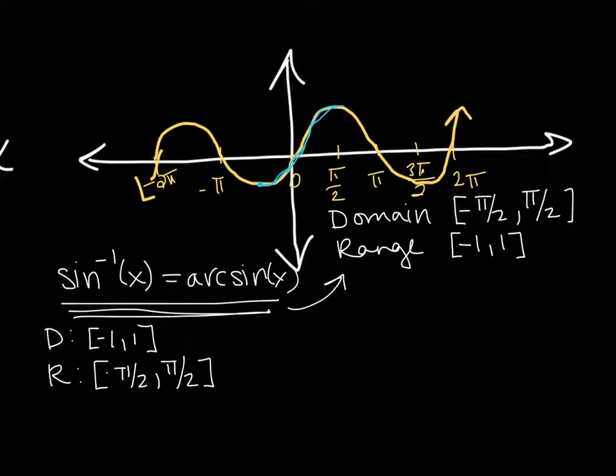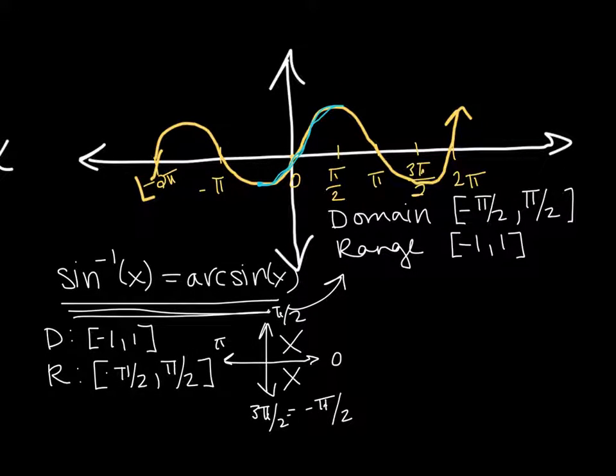Because I'm a really visual person, I like to remember that looking at the quadrants, 0, pi over 2, pi, 3 pi over 2, and 3 pi over 2 is the same thing as minus pi over 2. So the range of inverse sine is in the first and fourth quadrants, from minus pi over 2 to pi over 2.